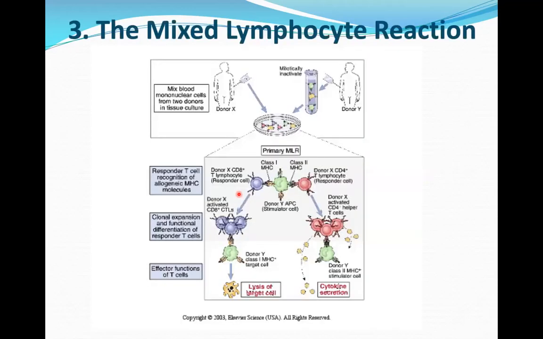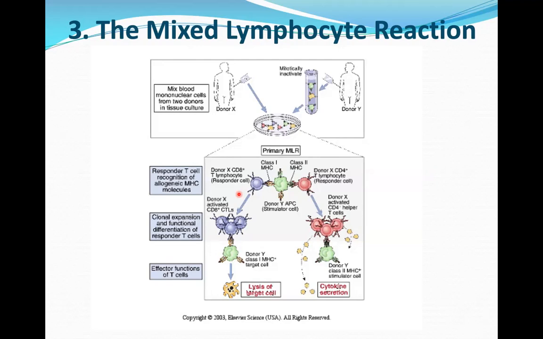So in the first type of experiment, and this is looking at function, so this is looking at cytokine production from activated T helper cells or increased cytotoxic activity of CD8 positive cytotoxic T cells.